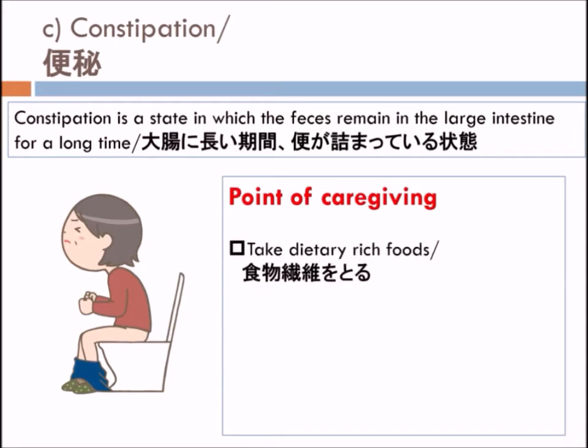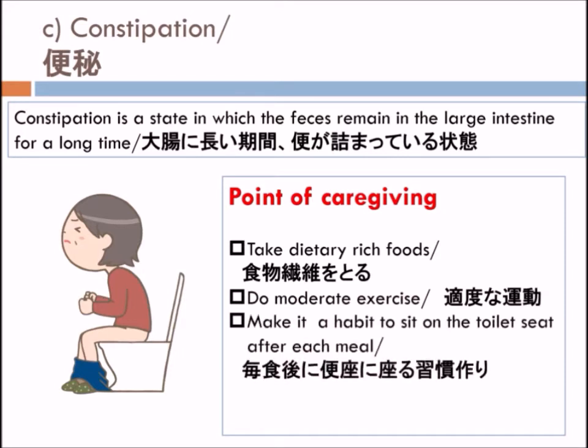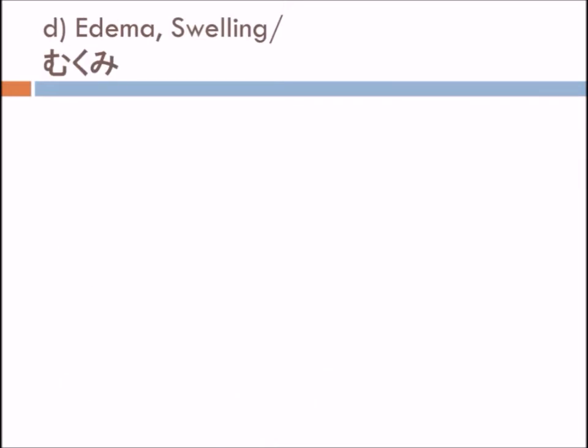Take dietary fiber-rich food. Do moderate exercise. Make it a habit to sit on the toilet seat after each meal. Massage the abdomen.